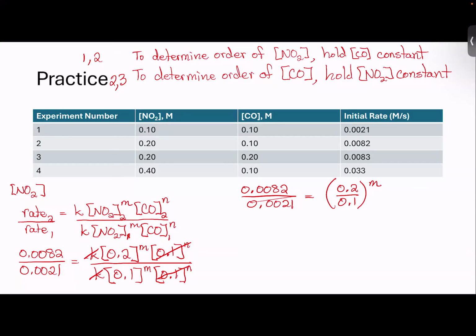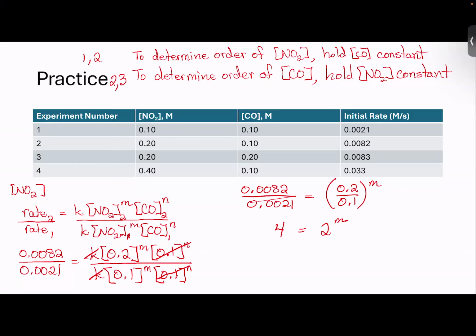When dealing with this, we do tend to, if it's really close to a whole number, we round to the whole number. So this left-hand side is going to round to 4. That is equal to 2 raised to the power of m. Again, you should be able to recognize what that order is. However, this one is straightforward.